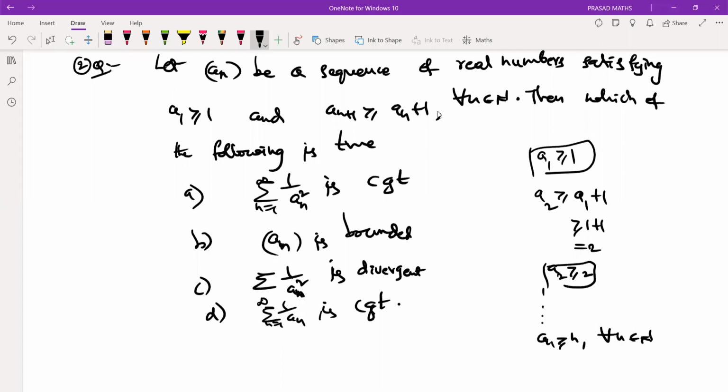So therefore this shows that a_n is an unbounded sequence, not bounded. Therefore this option is discarded.